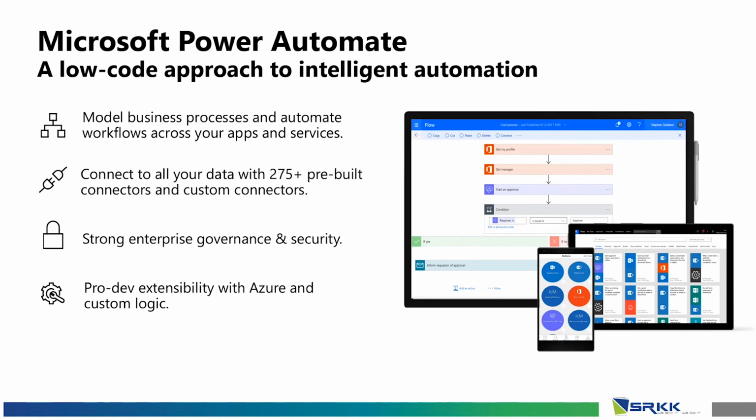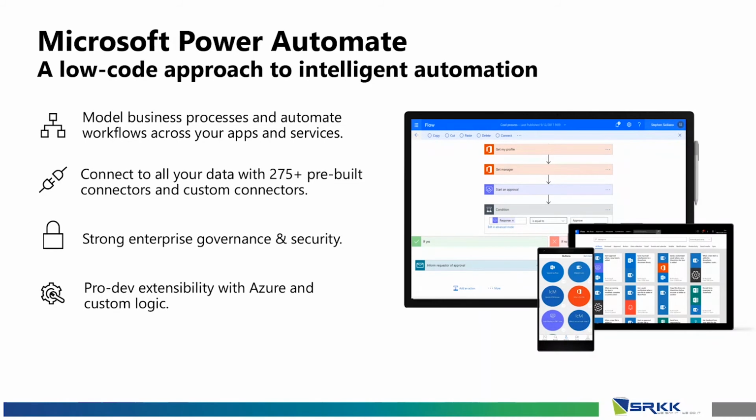Services here could be Yammer, for example. For example, you want something that you store in your SharePoint to be automatically posted to Yammer. Or if you want some announcement or notification to be posted to Microsoft Teams, another wonderful app, you can do that as well.